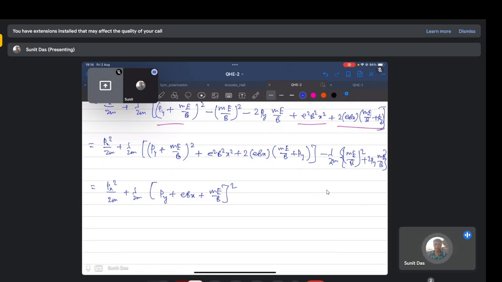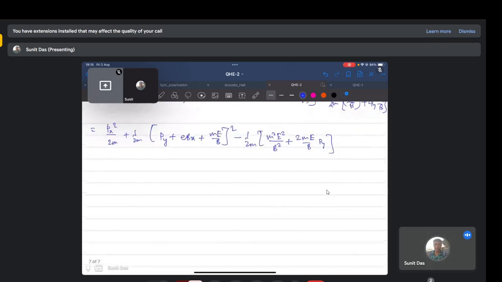And then the extra terms 1 by 2m, m square E square by B square plus 2mE by B into py. So these two terms are again kind of harmonic potential.